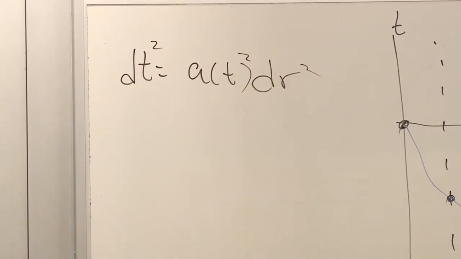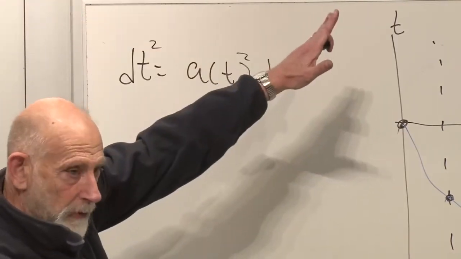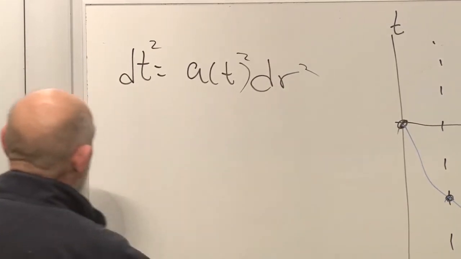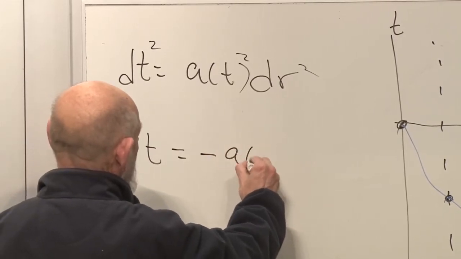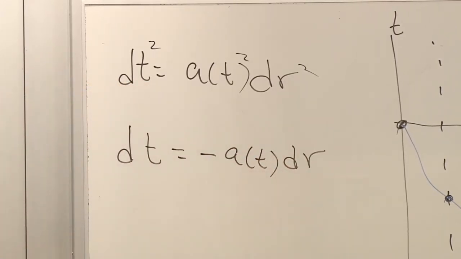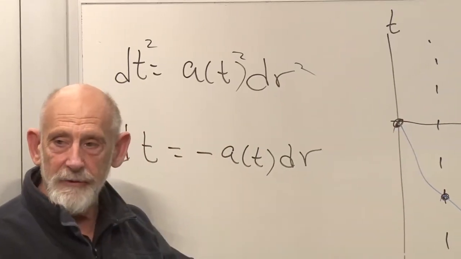Now there are two solutions. One is going back into the past, and one is going forward in time. Obviously the one we're interested in is the one which goes back into the past, and for that, dt is equal to minus A of t dr. All this says is that r gets bigger as t gets more negative.